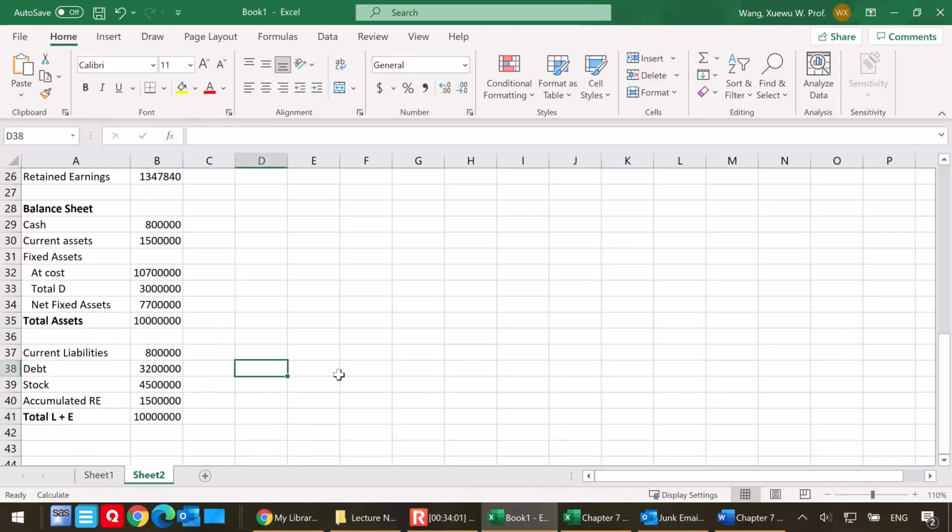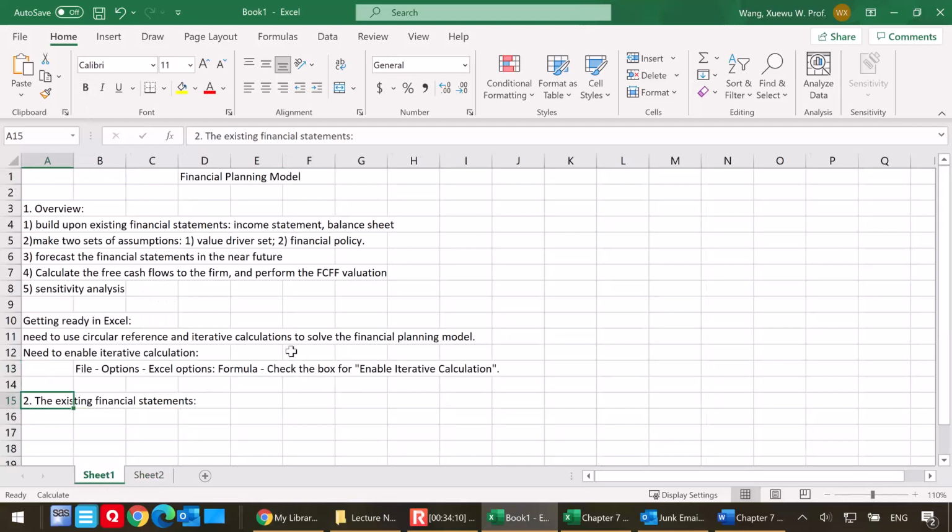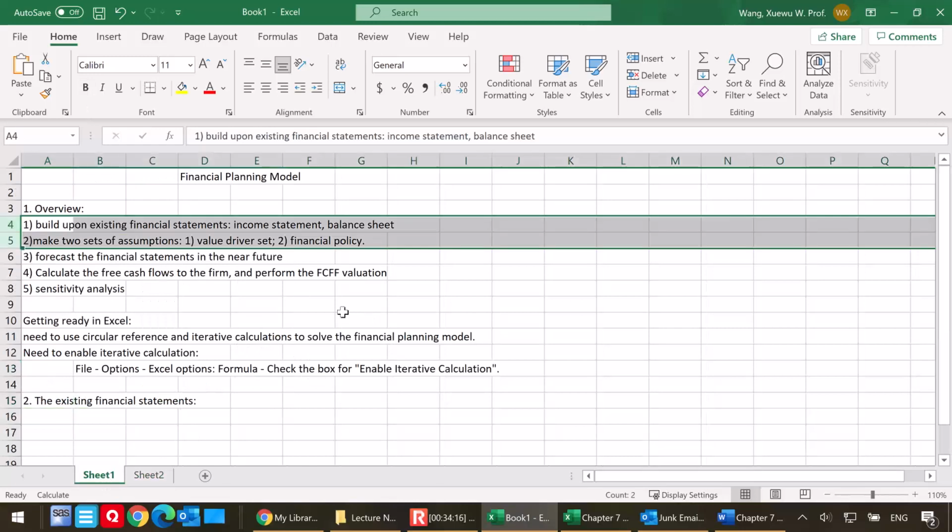All right, so we have just looked at the most recent financial statement. And if you go back to the previous tab, you see that we are here in these two steps. So we observed the most recent financial statements, and we made the two sets of assumptions.